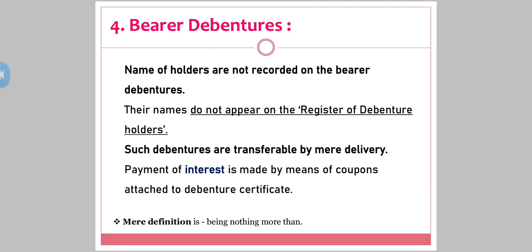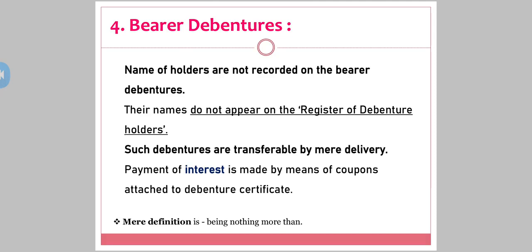So see here, names of the holders are not recorded on the bearer debentures. Their names do not appear on the register of debenture holders. When there is no name, there is no point for the transfer, filling of the transfer form and everything. See, such debentures are transferable by mere delivery. What is mere delivery? It's just like you are handing over a document to someone else. It's as simple as that.